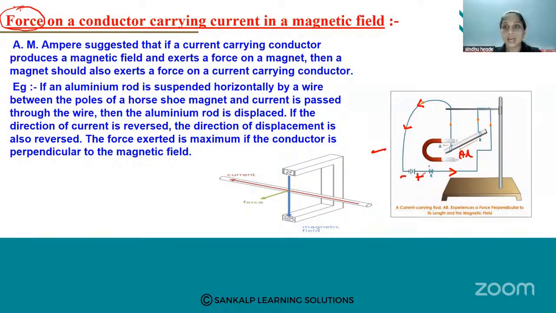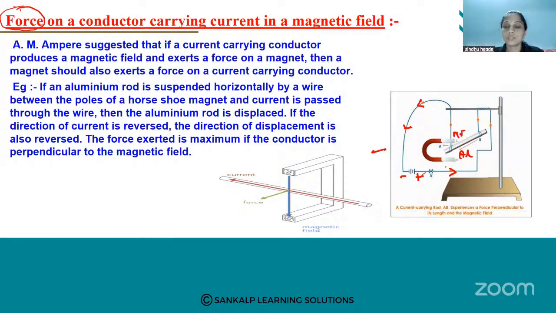It is proved by the scientist Hans Oersted, right? Scientist Hans Oersted proved that when current flows through the circuit or the conductor, a magnetic field is generated. It's already proved. So here, when the current starts flowing through this aluminium rod, that magnetic field is generated.